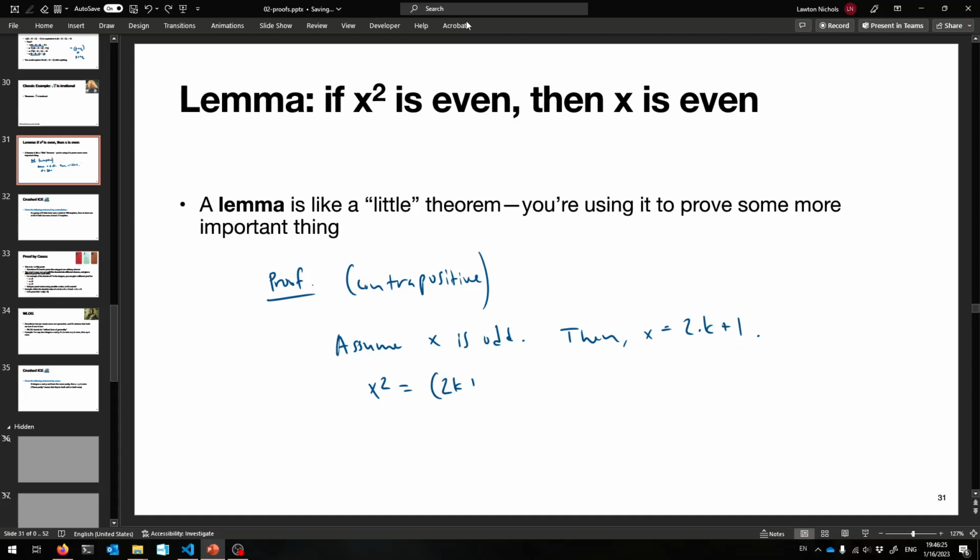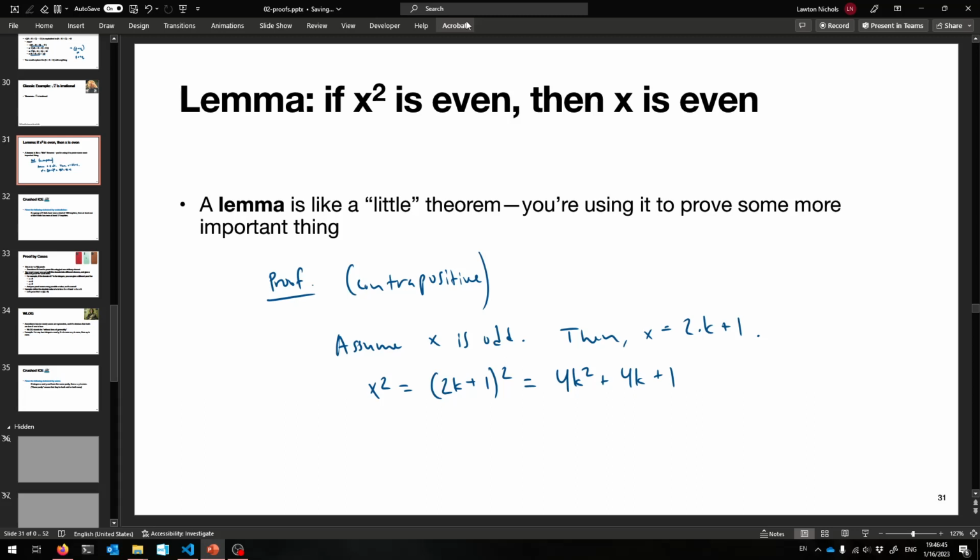So, oops, let me write the plus sign a little bit better. 2k plus 1 squared. And then I can FOIL that out. That's equal to 4k squared plus 4k plus 1. And what is this? I need to show that x squared is an odd number.